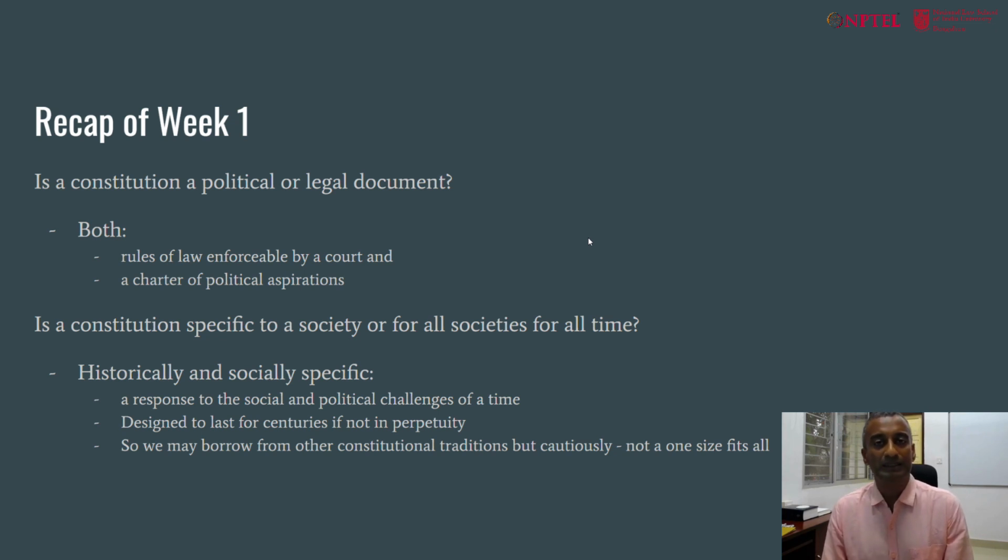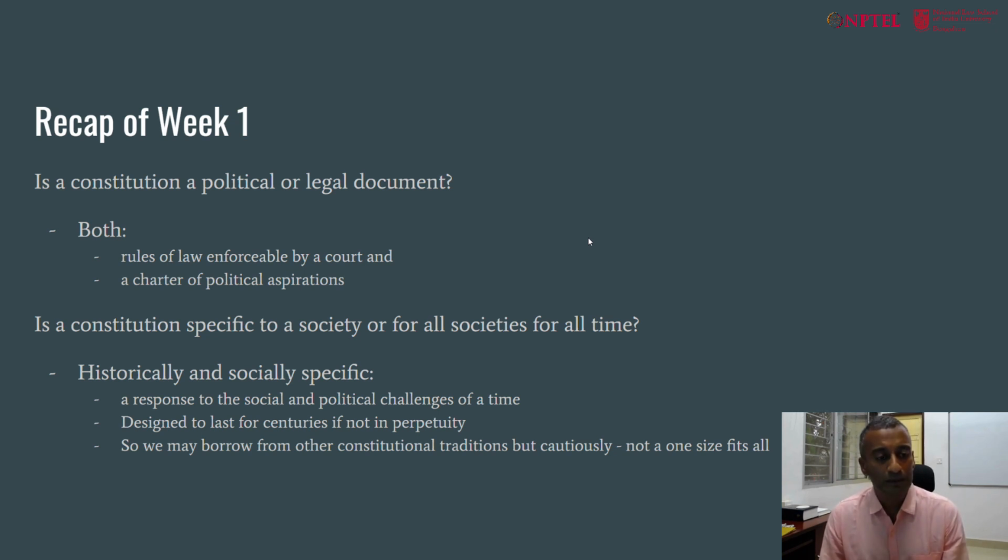In other words, is the constitution universal in character or particular to a particular society and location? And we answered this question in this way.